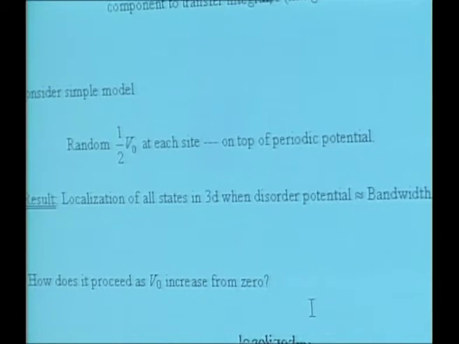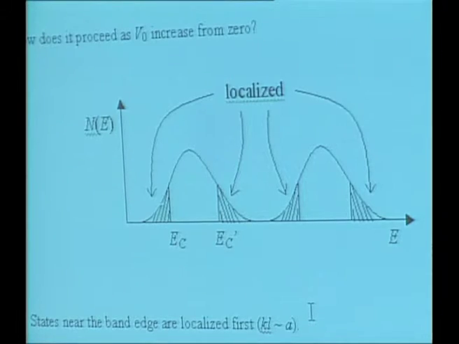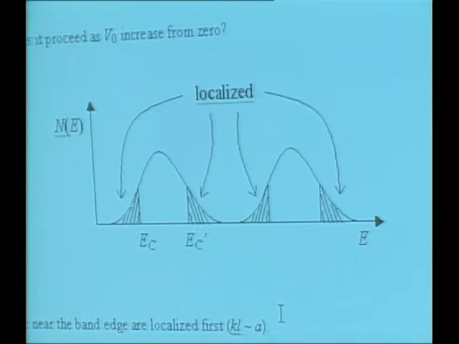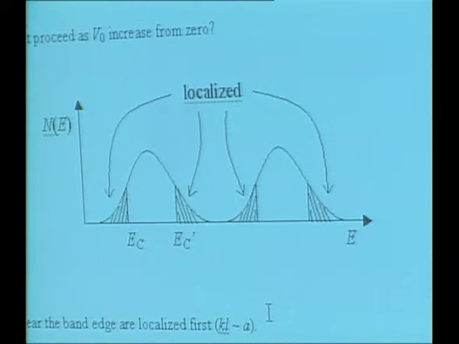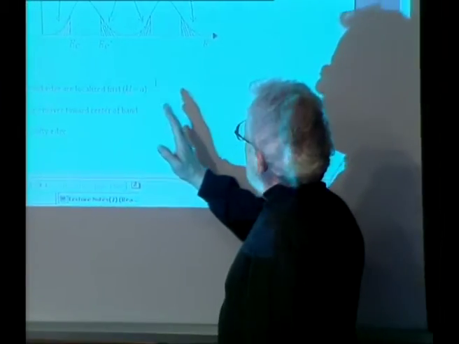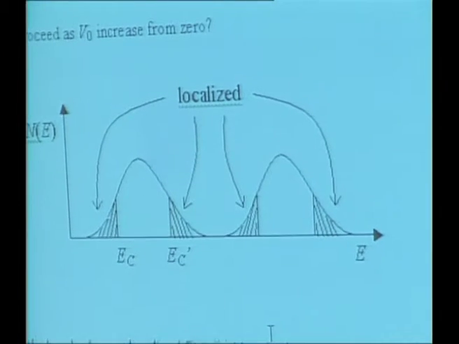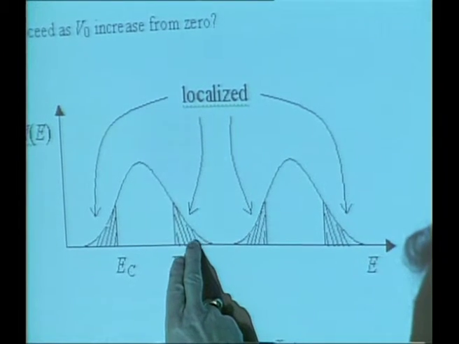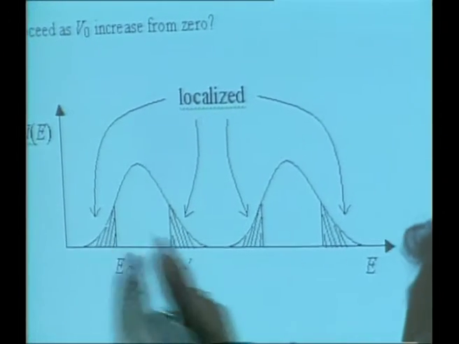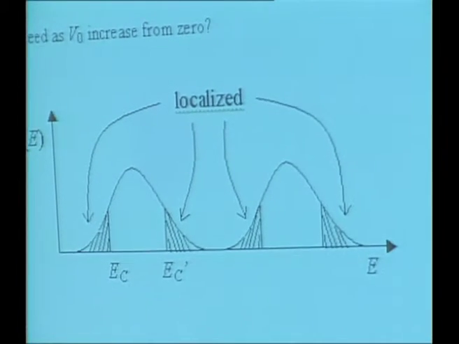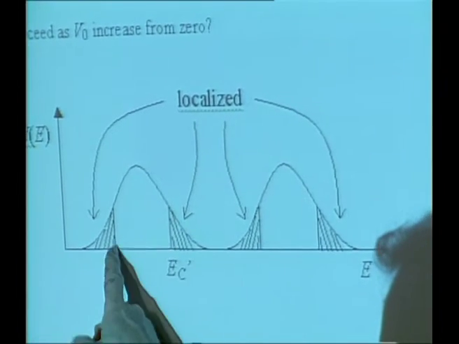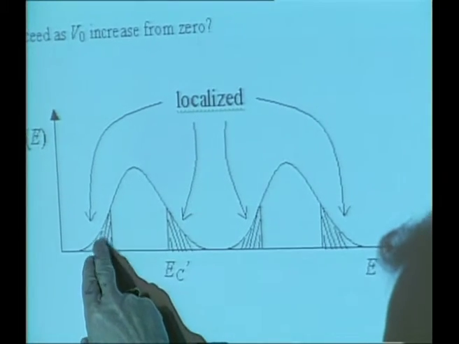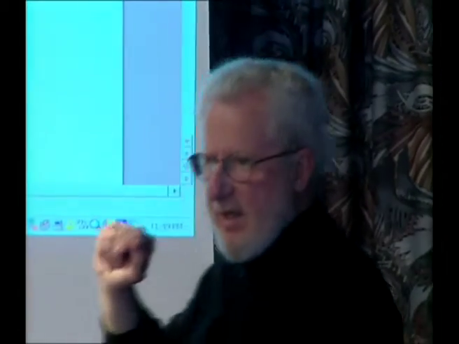And what happens as you increase the strength of the disorder? It's exactly as I was describing. This is work from Anderson and Mott and many others, but there's a concept here that I want to introduce. As you increase the size of the disorder, starting at the band edges, these states become localized. Okay? This energy right here, which separates the localized from the delocalized states, is called by Mott the mobility edge.